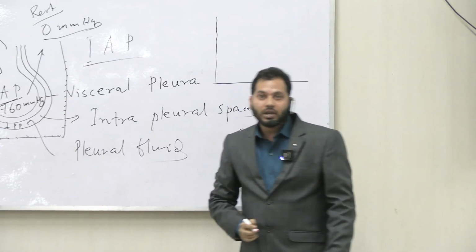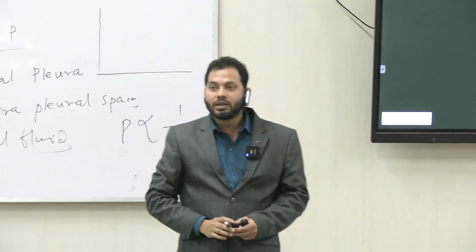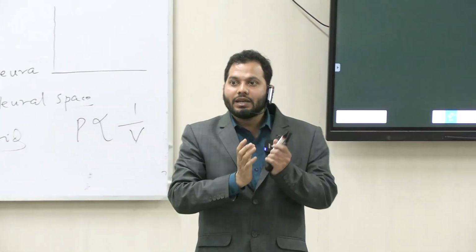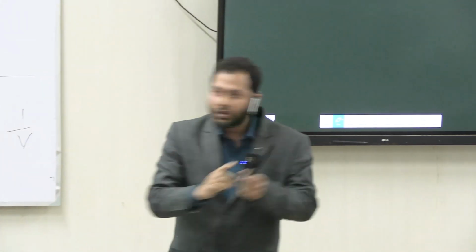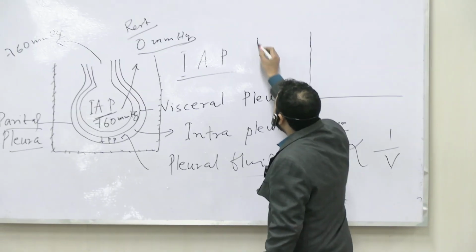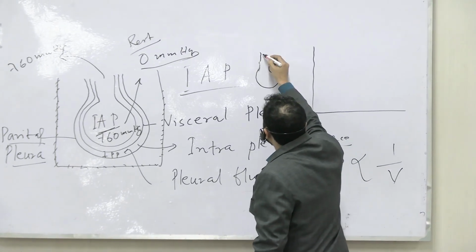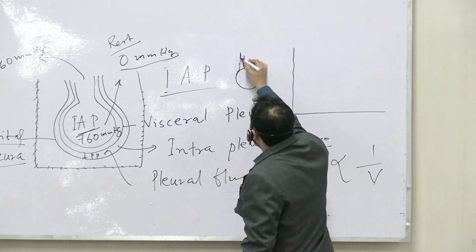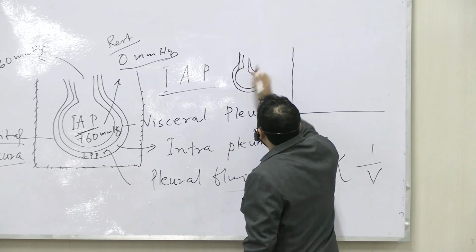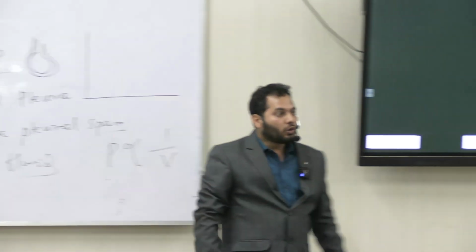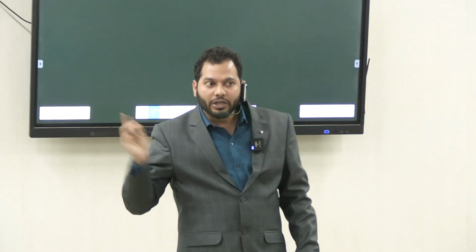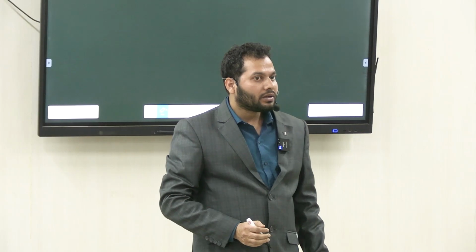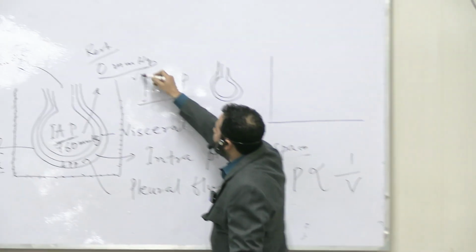At the beginning of inspiration, what change takes place in the lung alveoli structure? There is a change in the volume, right? Initially, it was like this. But at the beginning of inspiration, there is a change in the volume. So if there is a change in the volume, what will be the pressure? It will decline, right? So initially it was 0, right?